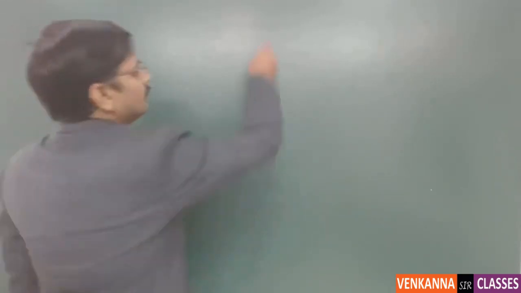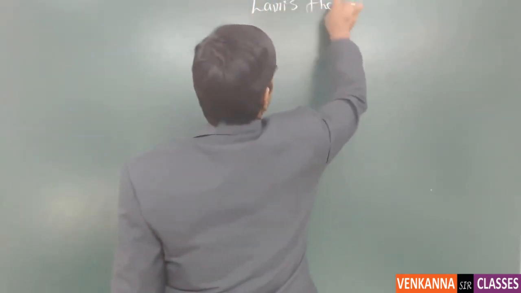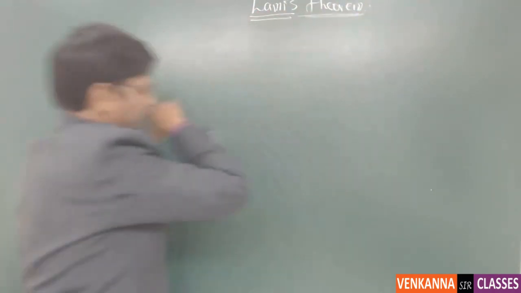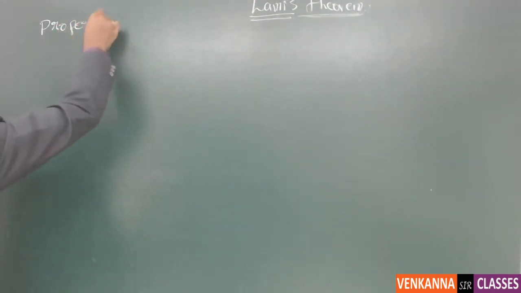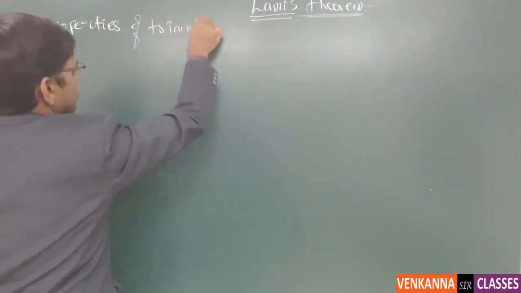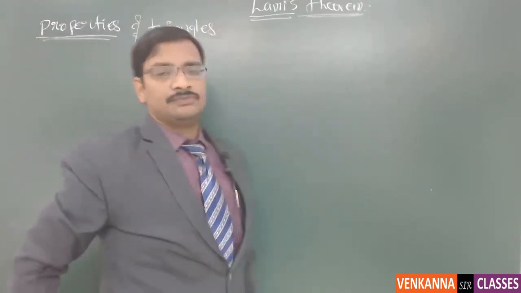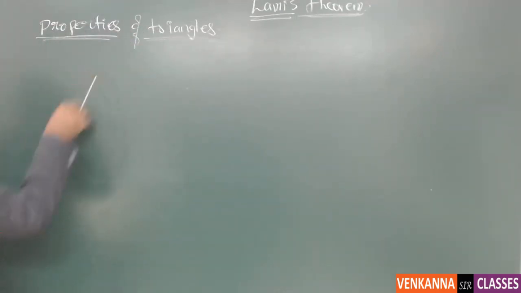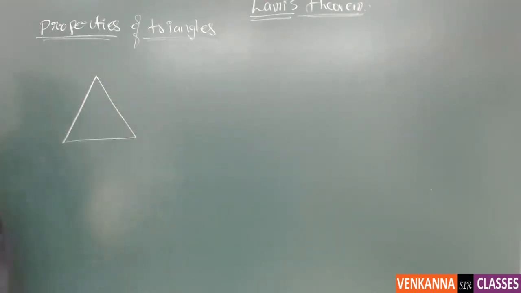Lami's theorem. In that, the properties of triangles are... there are different kinds of triangles. Suppose you take a triangle like this, and on this there are different kinds of centers.